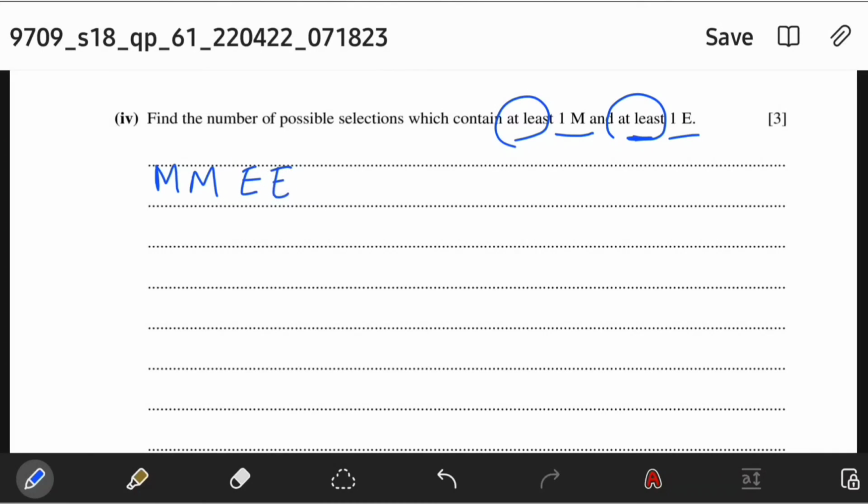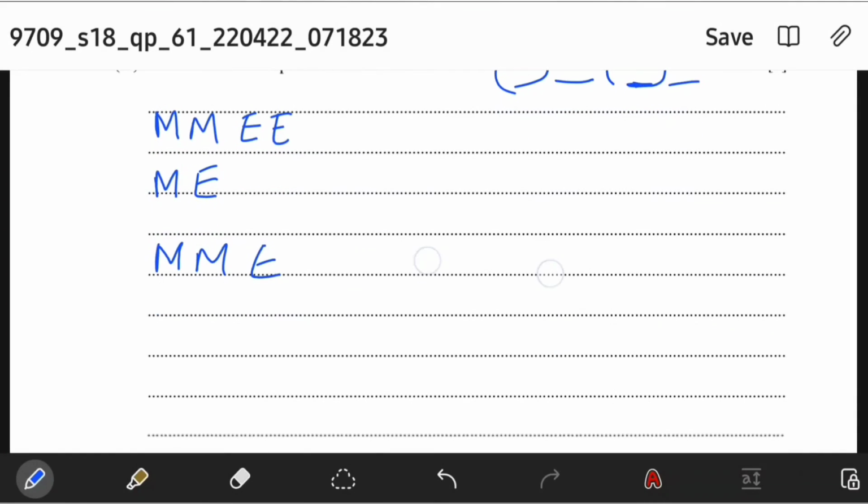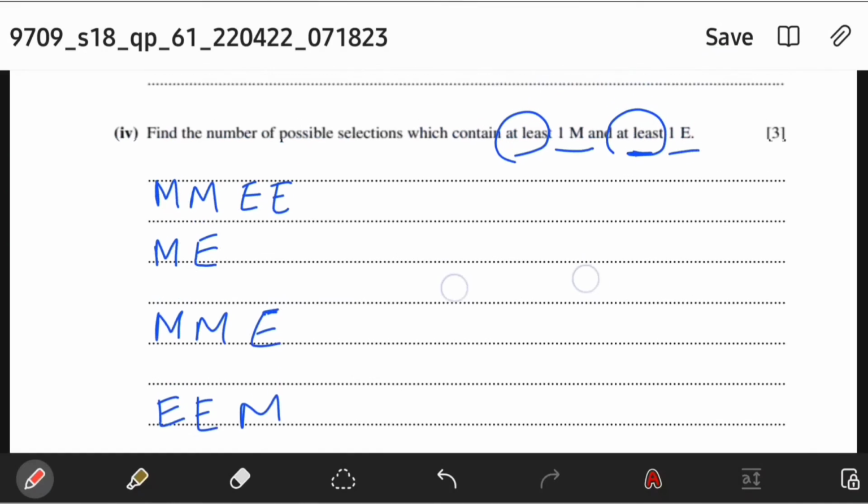These are fixed, so remember that do not include them in calculation. Okay, more possibilities: only 1 M and only 1 E. Another could be 2 M's and only 1 E. And just like that, 2 E's and only 1 M. So these are the combinations.